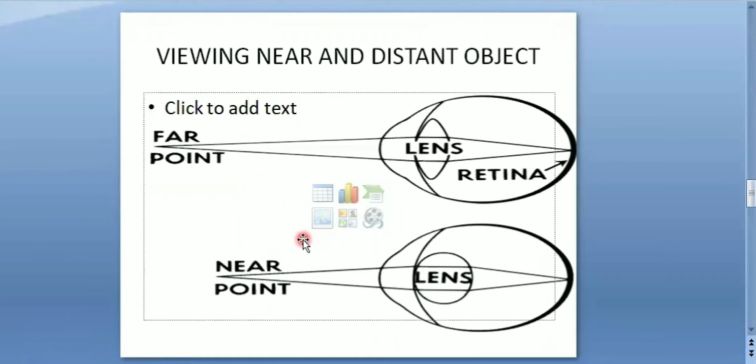How do we see things which are present in the distant place as well as the nearest place? See, here the curvature of the cornea and the lens help light rays which reflect from an object to get focused on the retina.